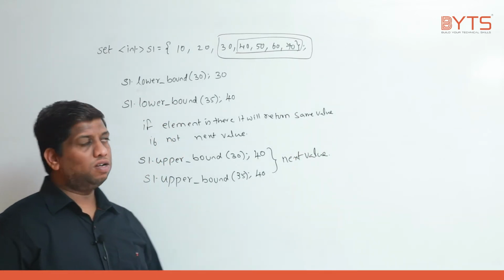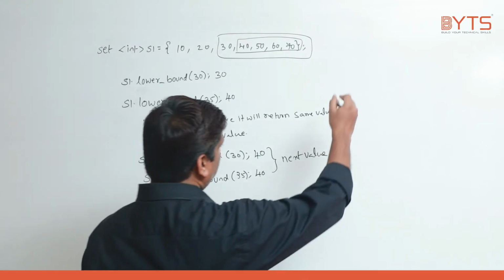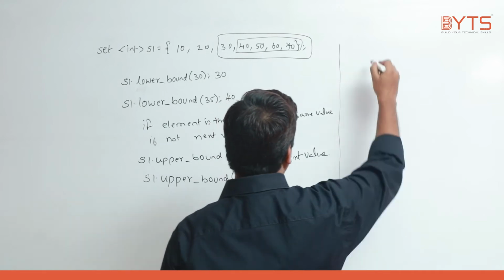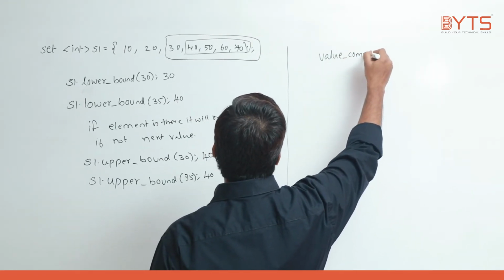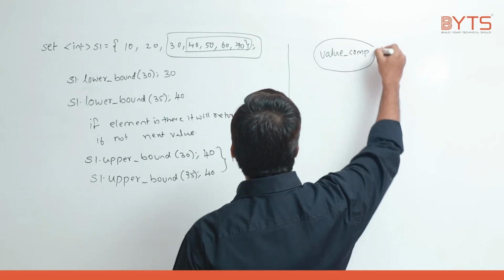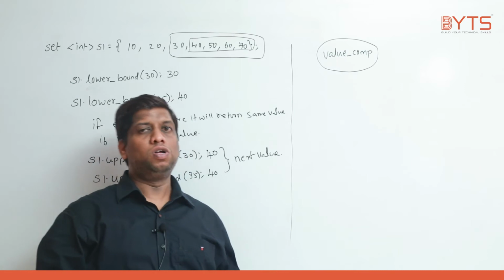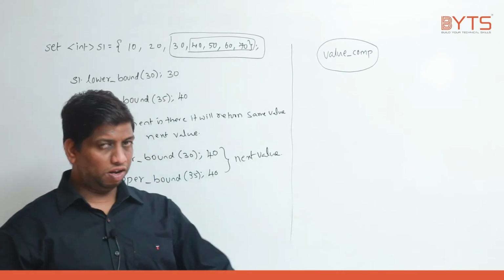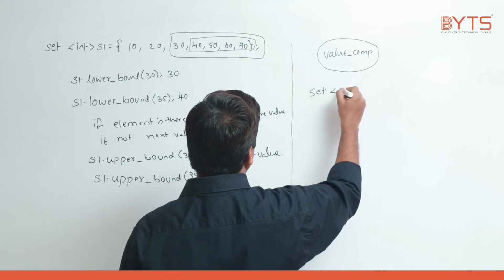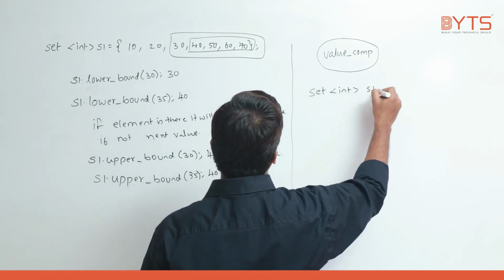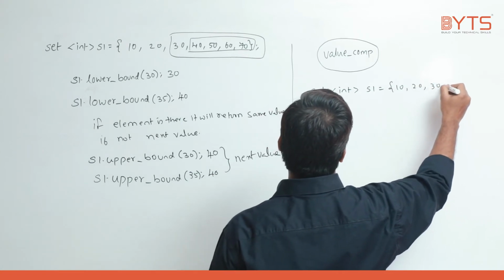Fine. Next, we are having another important function called value compare. What is the function? Value compare. See, this is important whenever you are trying to compare a given value with some other value, right? We'll try to see what it means. So here, set int S1 is equal to 10, 20, 30, 40.